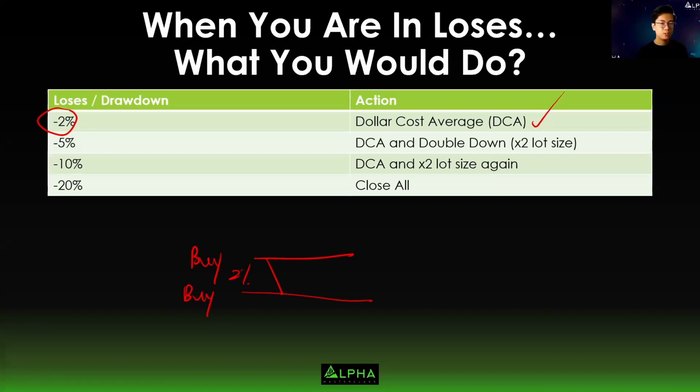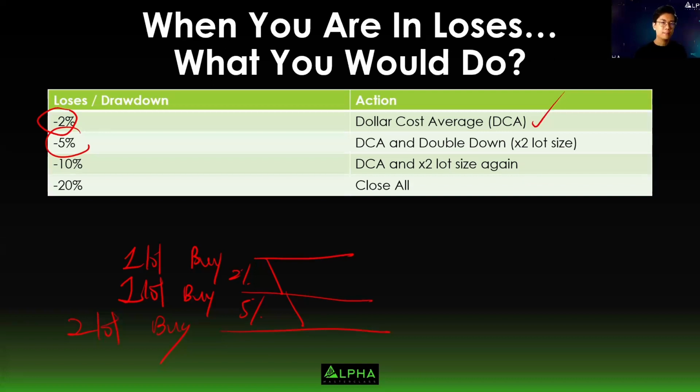What if it dropped even further to 5%? Down further, never mind. Buy again, but this time I multiply my lot size by 2. Previously, I entered 1 lot. Now, I enter 1 lot, but at 5% loss, I enter 2 lots.